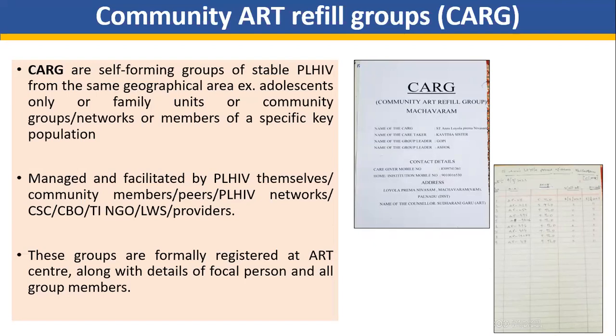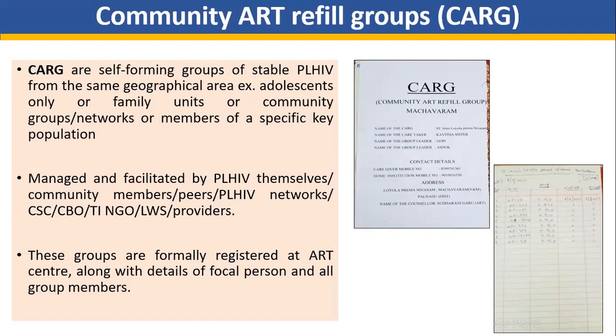These are managed and facilitated by PLHIVs themselves, or by community members, or a peer person, or a PLHIV network, or by CSCs, CBOs, or targeted intervention NGOs, or service providers, or link workers.